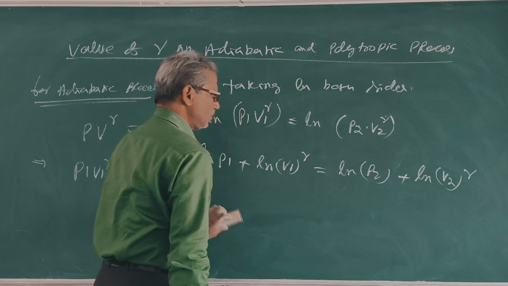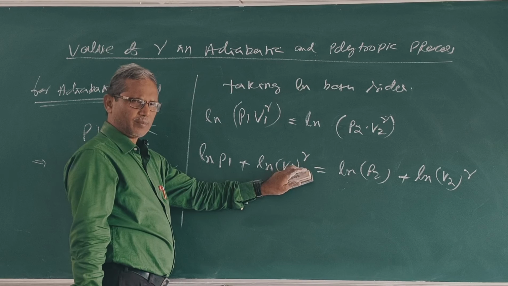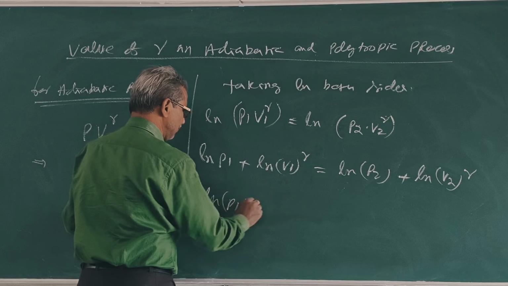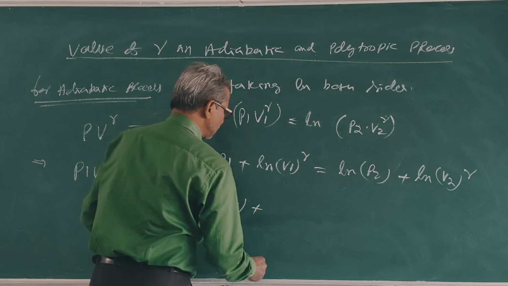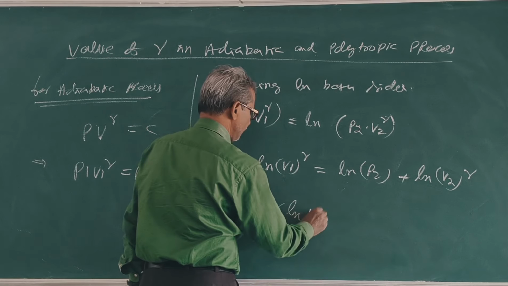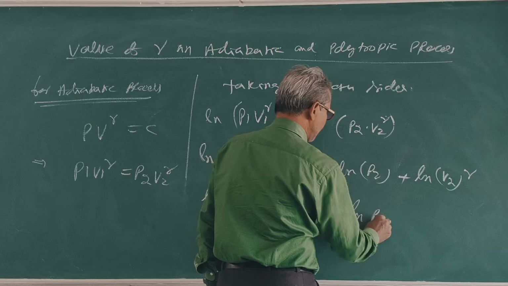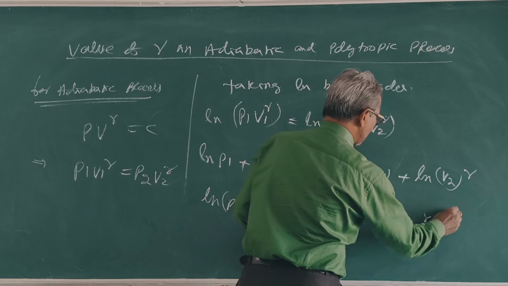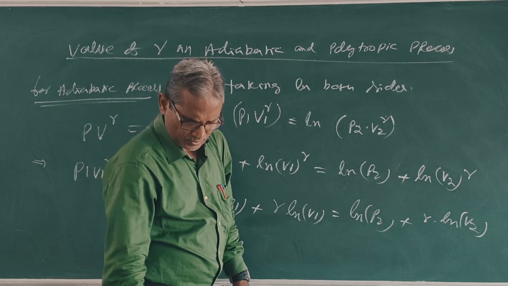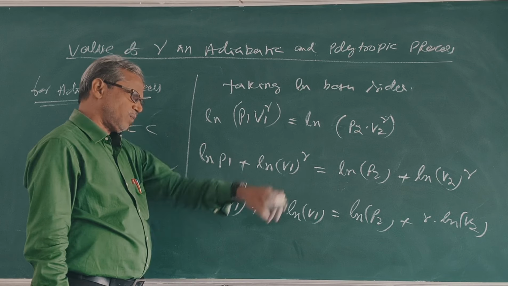So ln m to the n is n ln m. This is ln P1 plus gamma ln V1 is equal to ln P2 plus gamma ln V2. Clear? Bring gamma to one side and ln P1, P2 to another side.